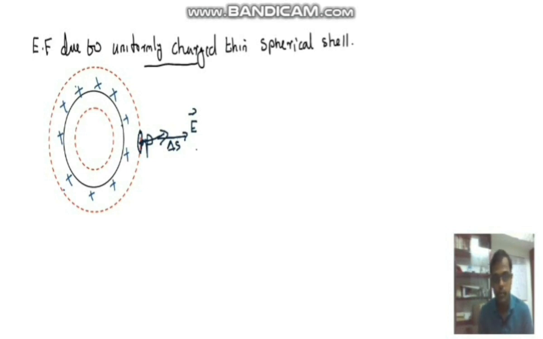Now apply Gauss's theorem. What is the Gauss theorem we are talking about? Flux phi is equal to Q divided by epsilon naught. And use the flux formula.